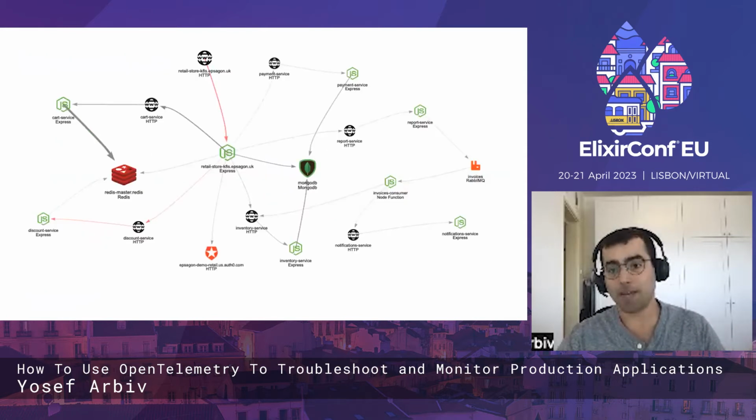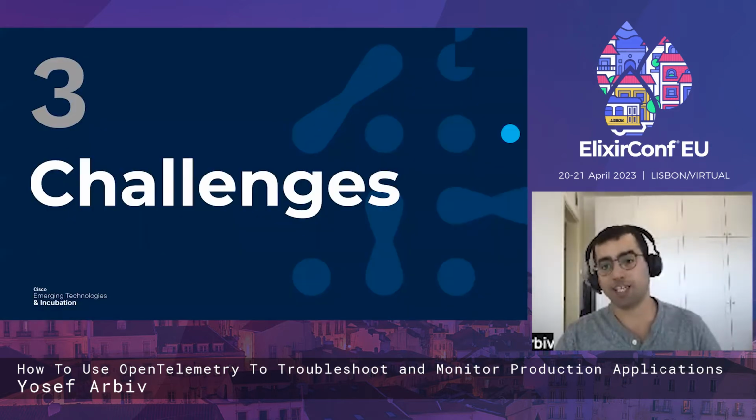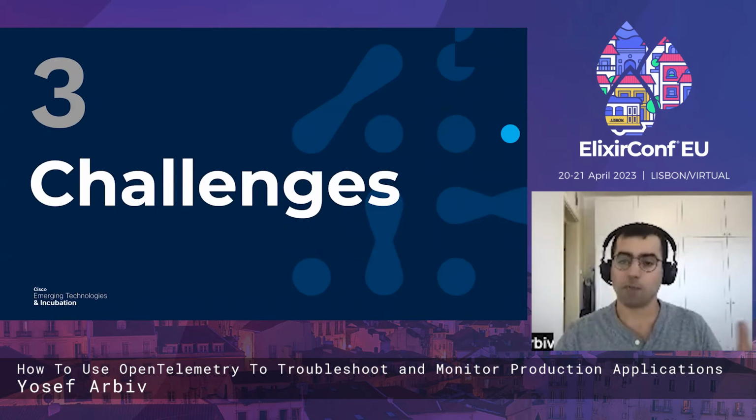This is how a basic application, in this case, a demo application for a web store, looks on a microservices architecture. You can see that this is a very complex diagram, and it produces a lot of challenges to the development team.